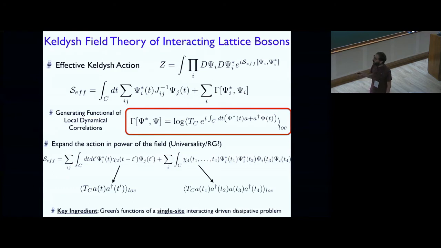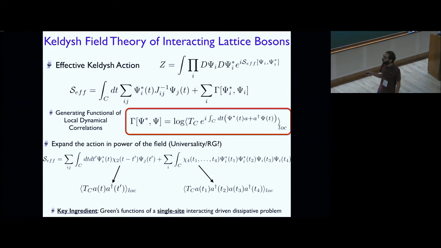You introduce an order parameter psi, the average of your photon field, and you write down an effective action where all the many-body physics is encoded in this function, what people would call, in field theory, the generating function of all the connected dynamical correlations.